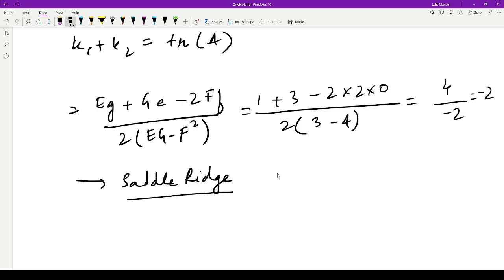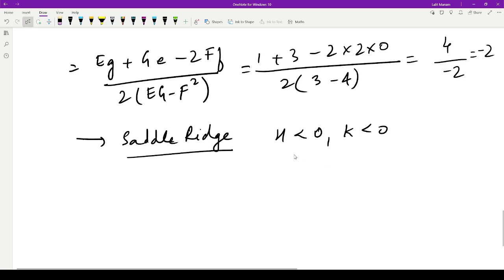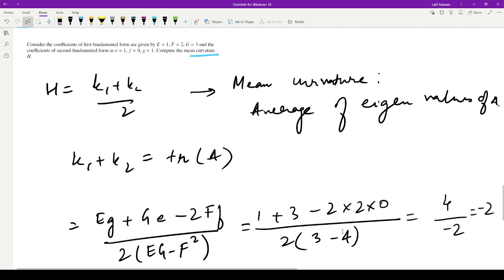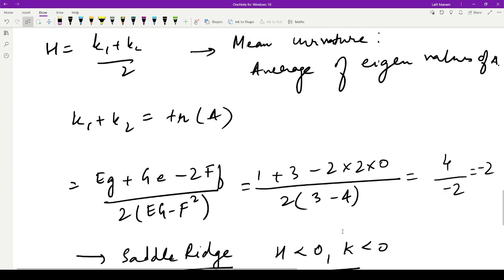Yeah. For Saddle Ridge, H is less than 0 and K is less than 0. Given these two things, since multiplication is less than 0... No, sir, multiplication will be positive.